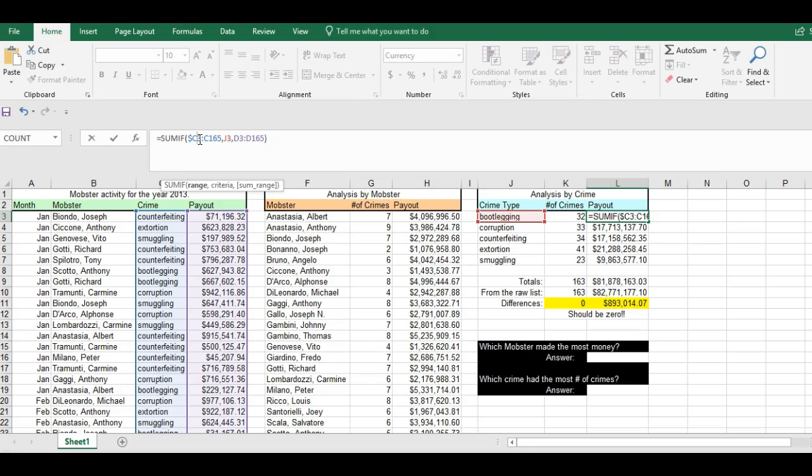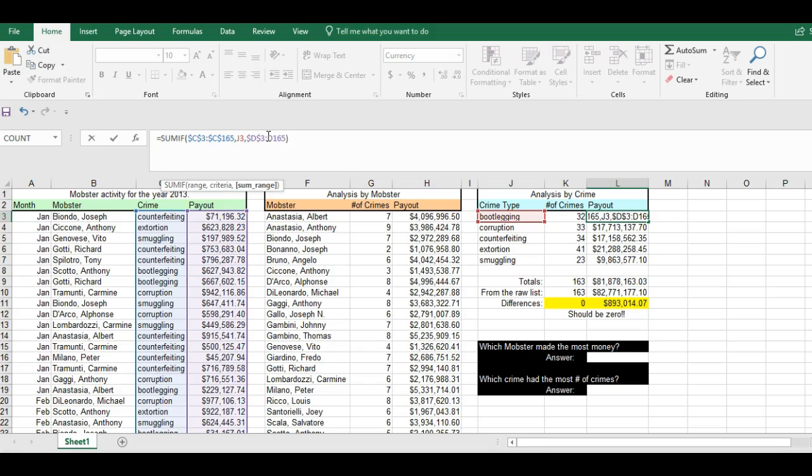I might be wrong about this one, you guys. We'll see. And if I am, I'll just fix it. Not a biggie. And we're going to have to put an absolute reference here. And dollar sign.